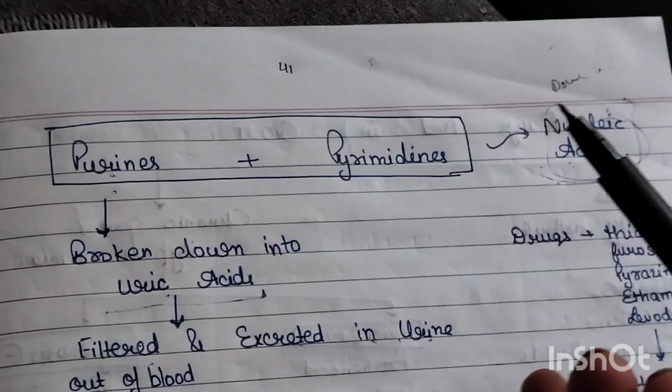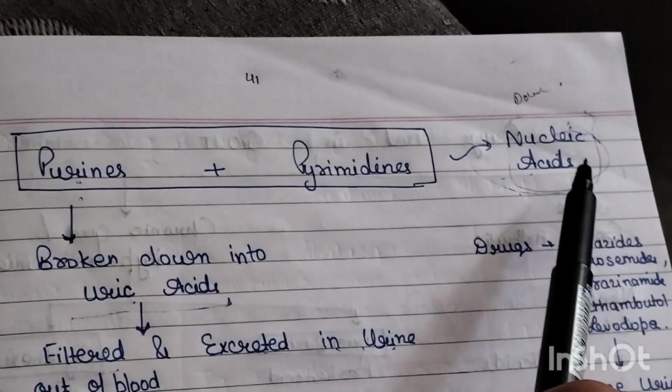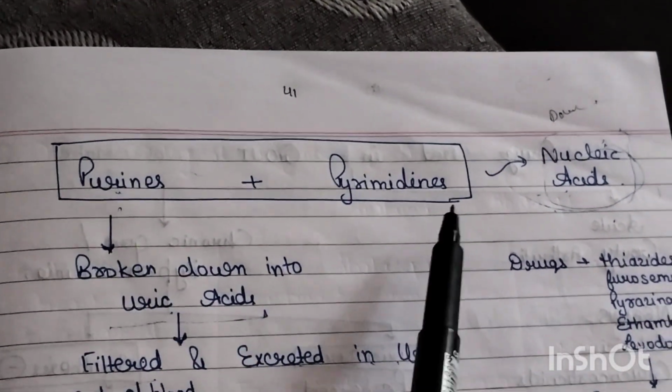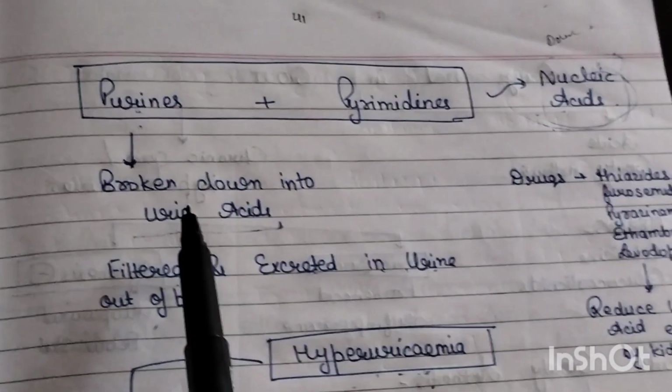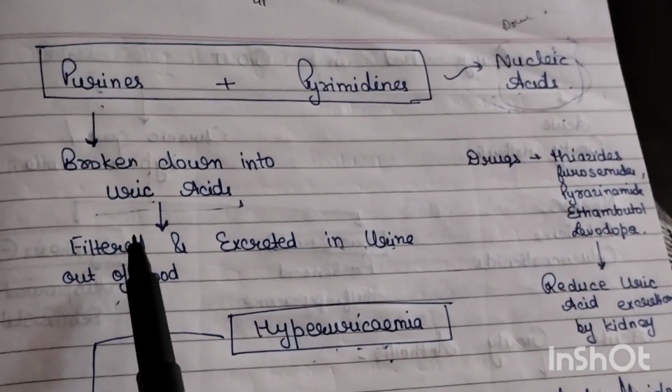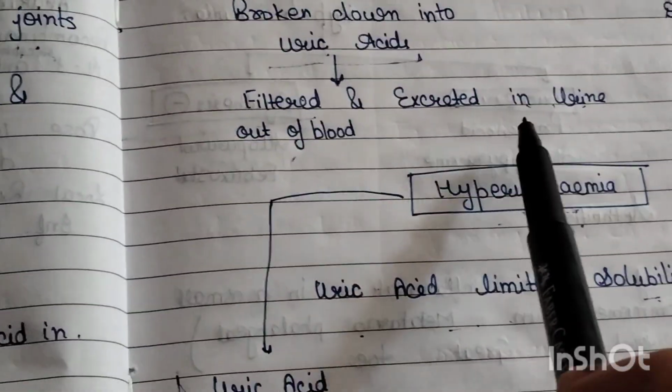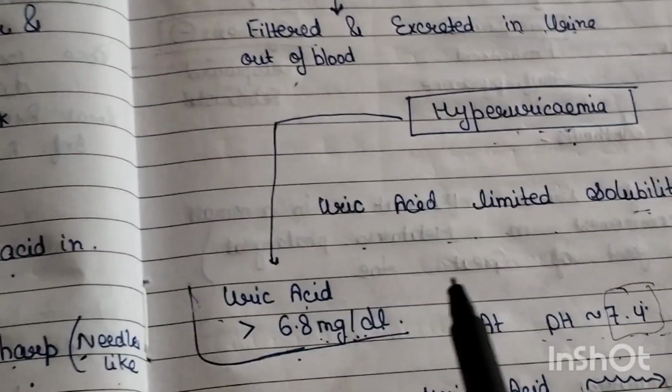We all know that the key components for nucleic acid formation are the purine and pyrimidine bases. So we should know where uric acid comes from. When purines are broken down, they form uric acid, which is filtered out of blood and excreted in the urine.